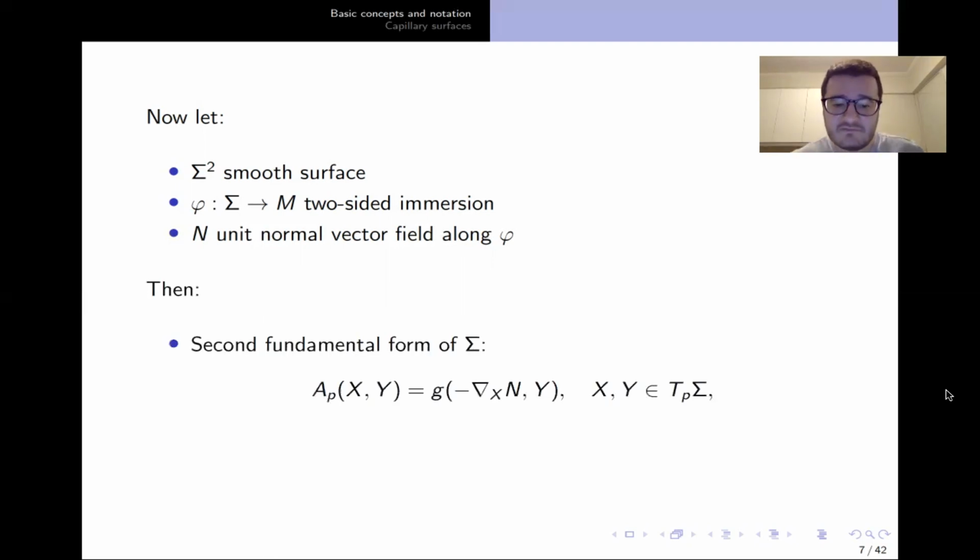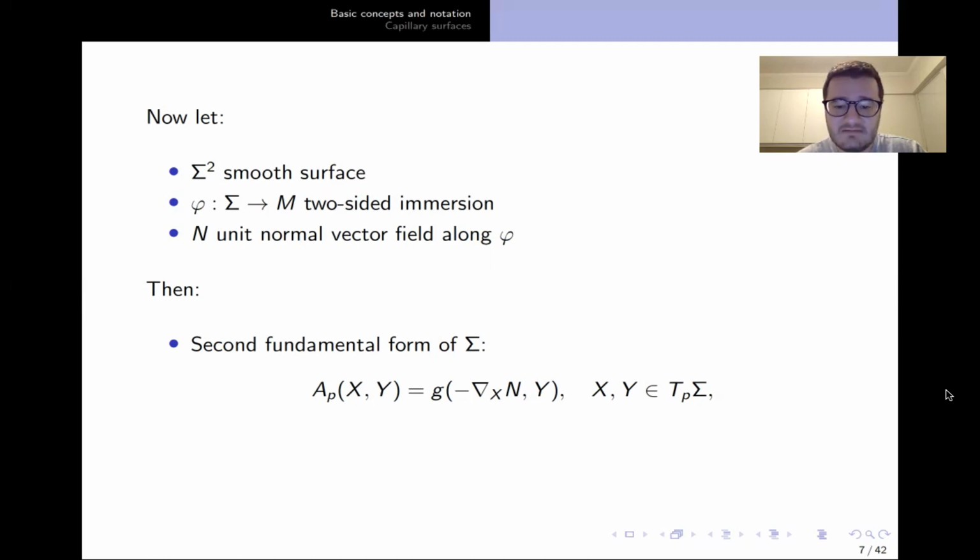The curvature of Σ inside M can be measured mainly through this bilinear form, which is called the second fundamental form of Σ. This is a bilinear form on Σ. It takes two vectors and gives a third vector, and basically it is the derivative of the normal vector field.